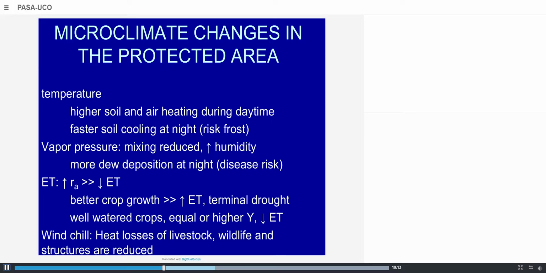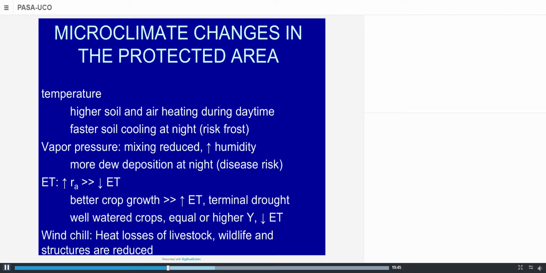So the crop can be wet for longer periods, and that increases the disease risk for aerial diseases. So by adding a windbreak, we will have higher temperature during the day, lower temperature at night, and higher humidity and increased dew deposition.